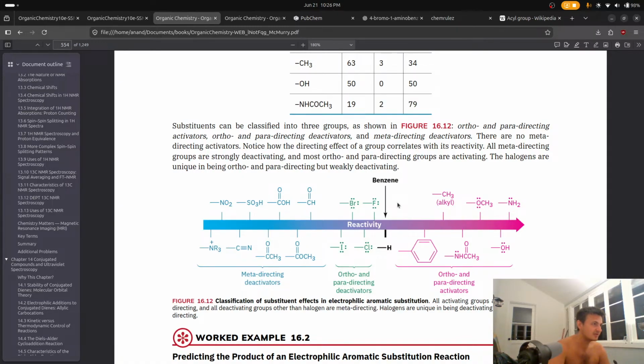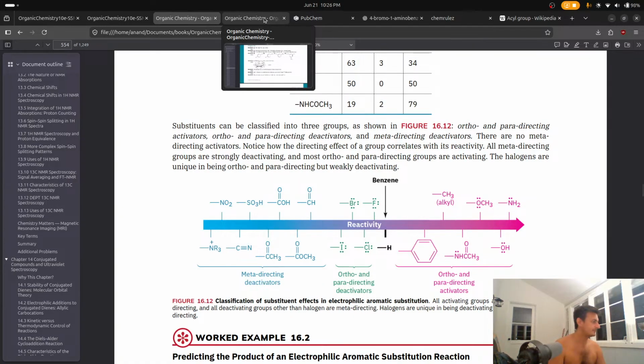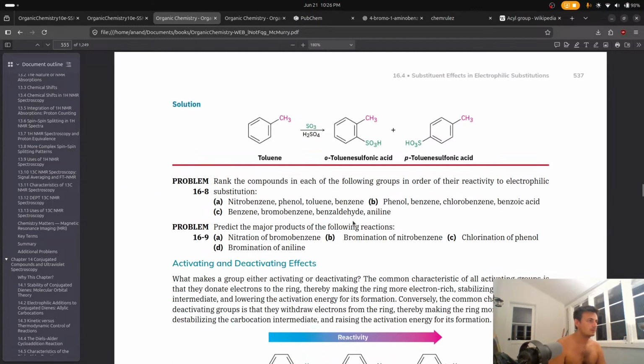I would assume benzaldehyde is not very good. So then I'm going to say benzene is 2, bromobenzene is 3, and benzaldehyde is 4. There's no more.